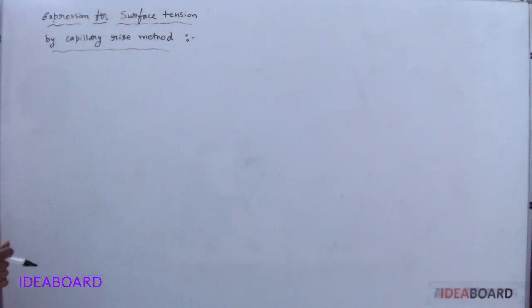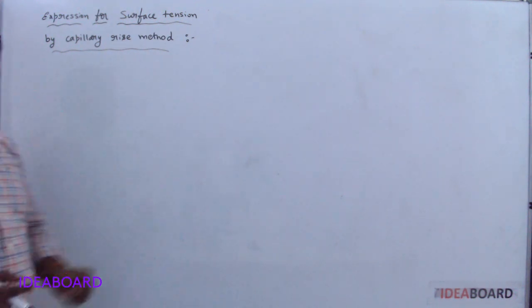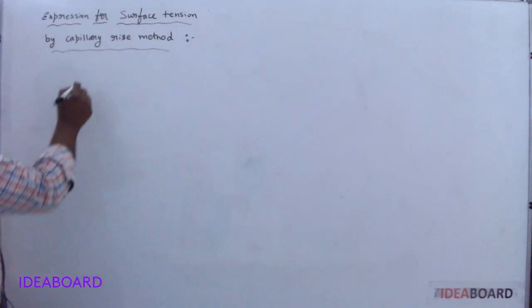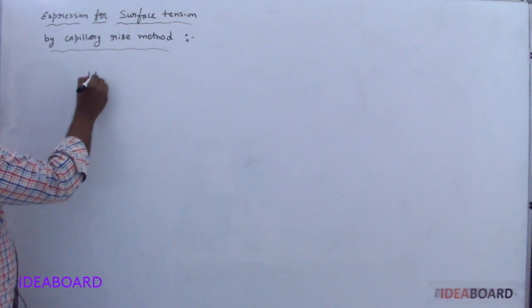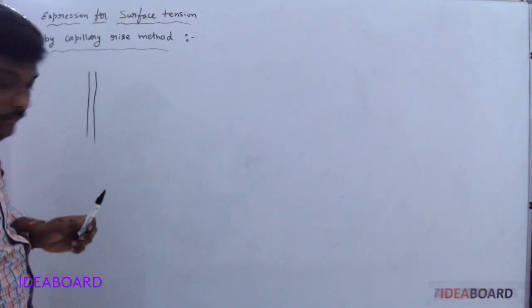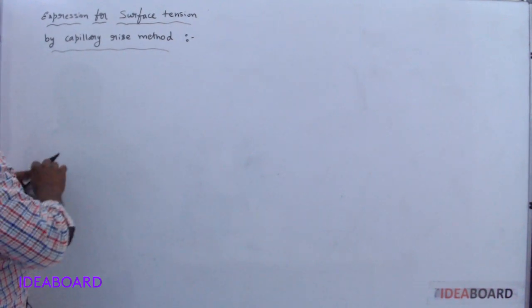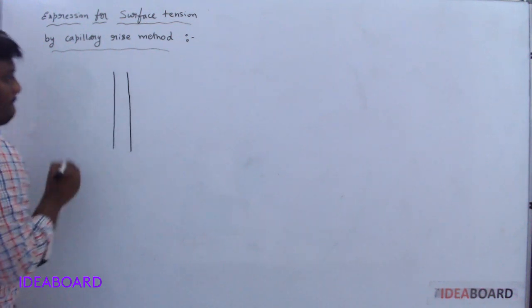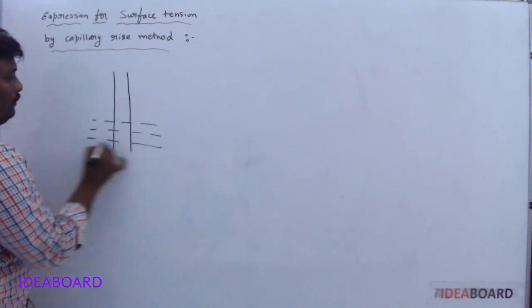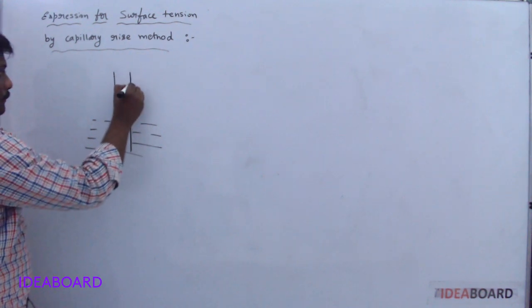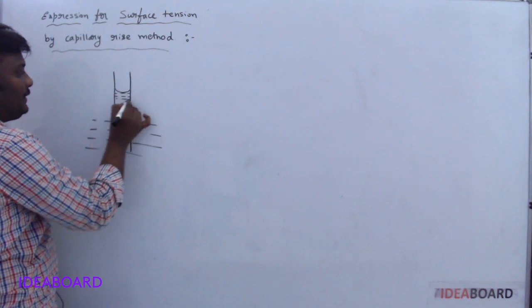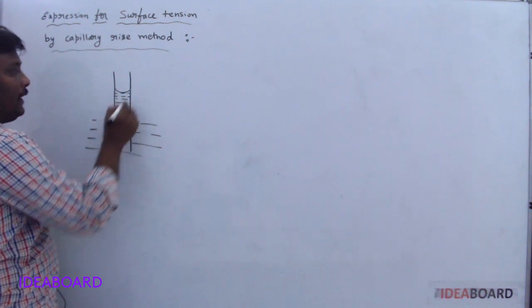So the next topic was the expression for surface tension by the capillary rise method. Capillary rise method means the glass tube is dipped inside the water. Whenever a glass tube is dipped inside the water, the liquid rises and the shape of the meniscus we said is concave now.